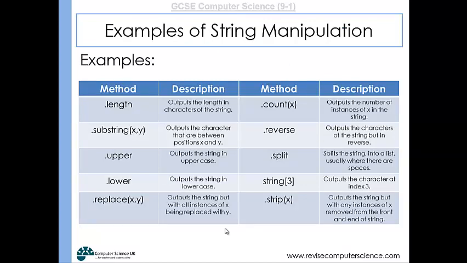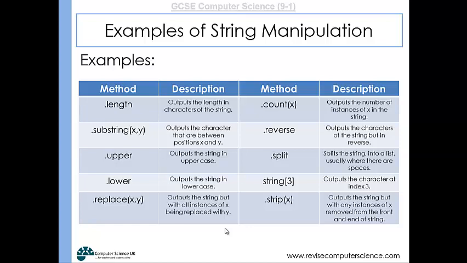So the length method will output the length of characters of a string. Substring will take two positions, two indexes within a string, so it might be index 1 and index 4, and it'll output the characters that are between those positions. The .upper method will output the string in uppercase. .lower method will output the string in lowercase.